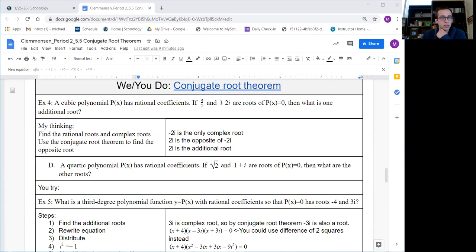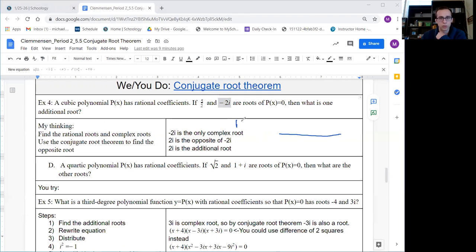Because this is a complex root, an imaginary root, I know that it has to come in a conjugate pair. Whenever I see an i or a square root, I will have a conjugate pair.